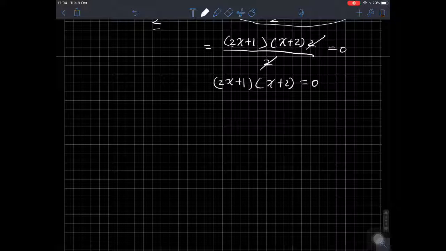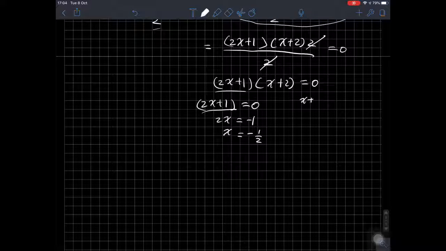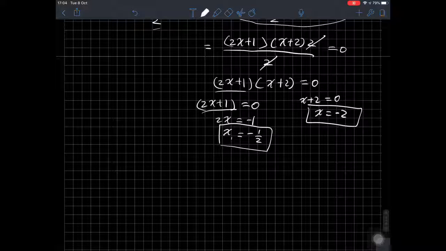Now brackets equals 0, so 2x plus 1 bracket equals 0, then 2x equals minus 1, x equals minus 1/2. Right, now x plus 2 equals 0, so x must be minus 2. Now we've solved for our x's: x1 minus 1/2, x2 minus 2.